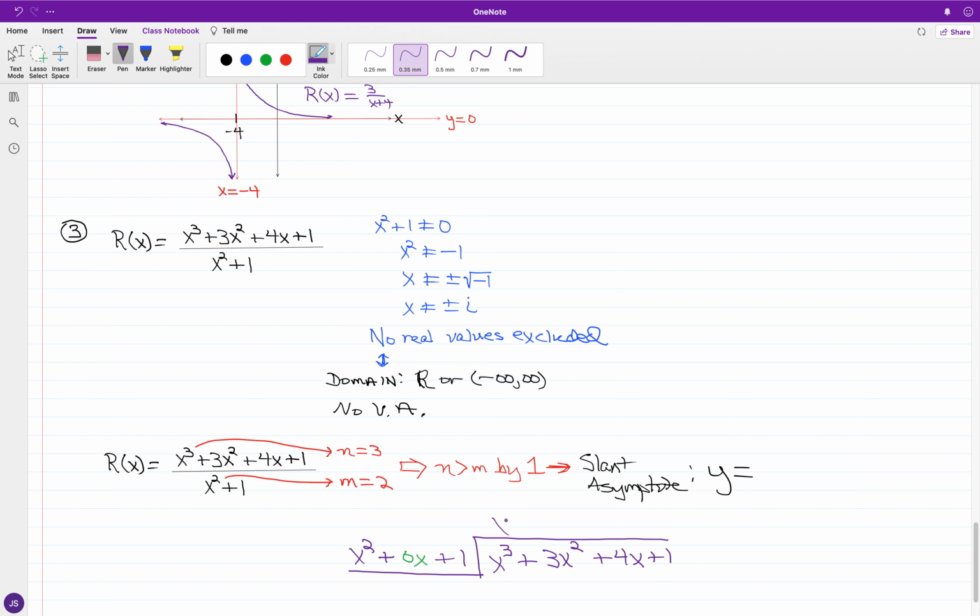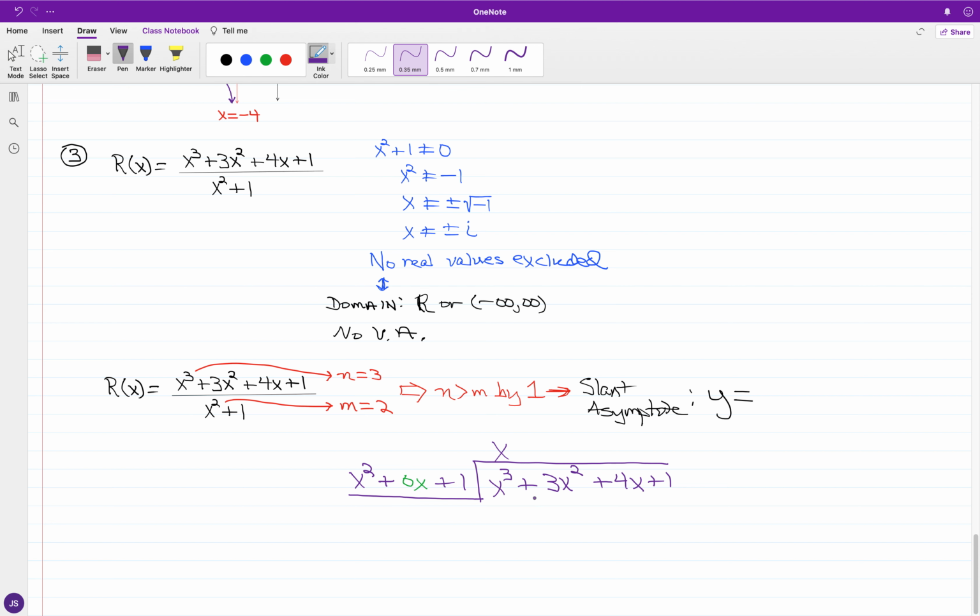So x cubed divided by x squared becomes x. And looking at distributing, x over x squared becomes x cubed, x times 0x, you just regard that as 0x, and we have plus x. Now I'll just color code here.